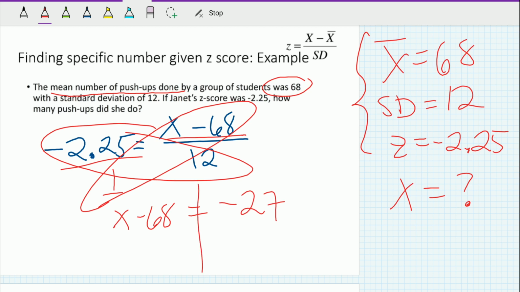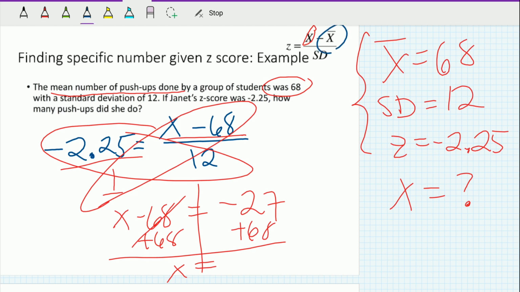And then we're going to isolate the variable, add 68 on both sides. Notice how this x here doesn't have a negative in front of it, because we're solving for the raw score, as opposed to the average, which does have a negative in front of it. So you have to be careful. Don't just automatically solve problems the exact same way every single time. This is extremely important. Do this step, okay?